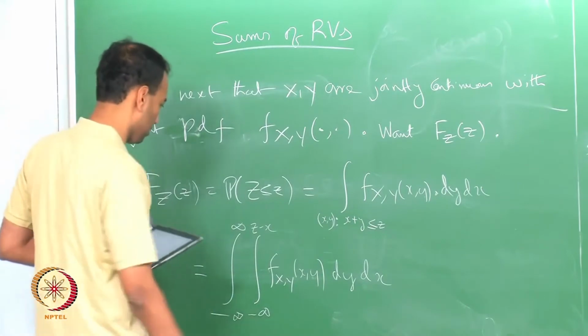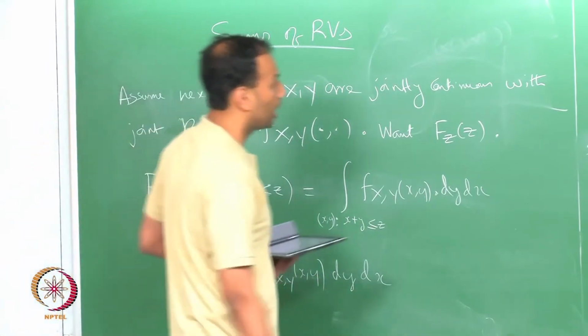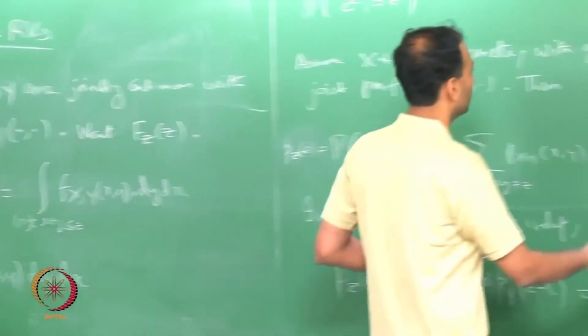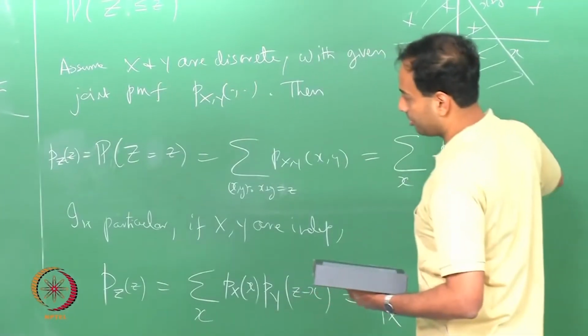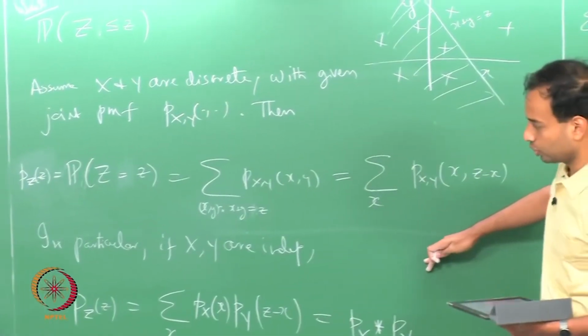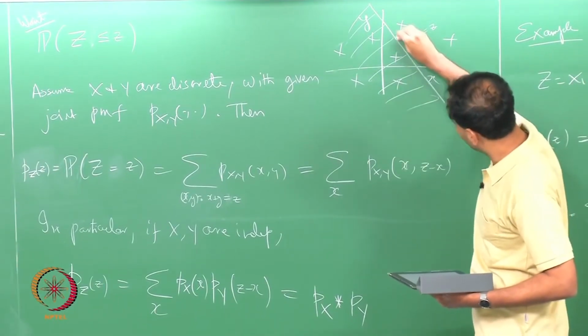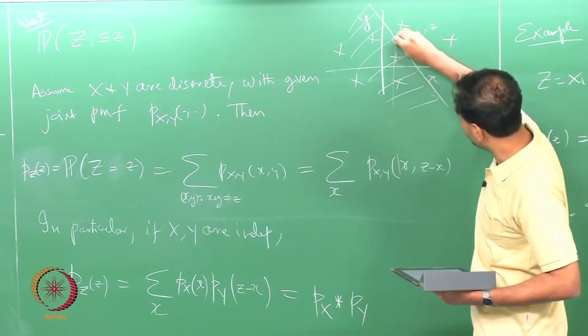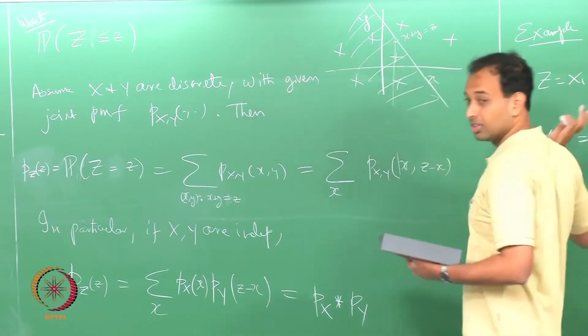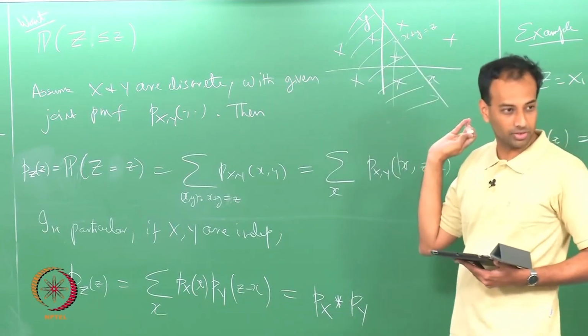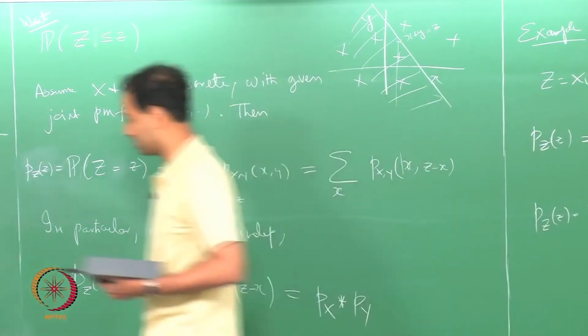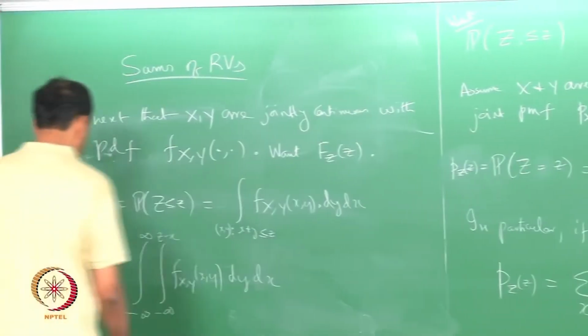So what I am doing is first integrating y out. If you look at this figure, I am integrating y from minus infinity to z minus x, along y first, and then integrating x from minus infinity to infinity.